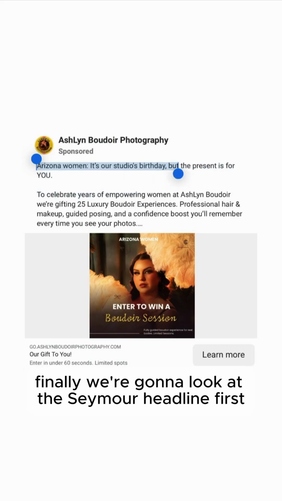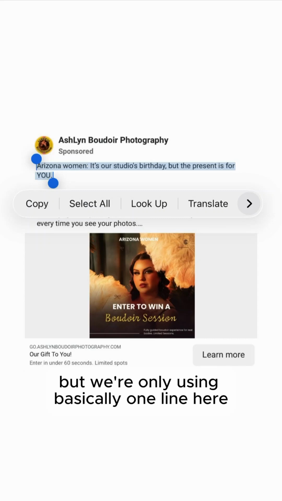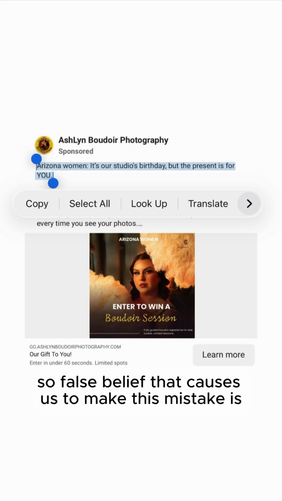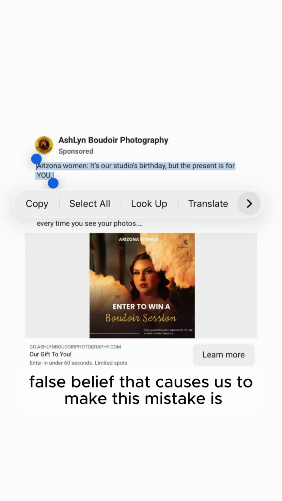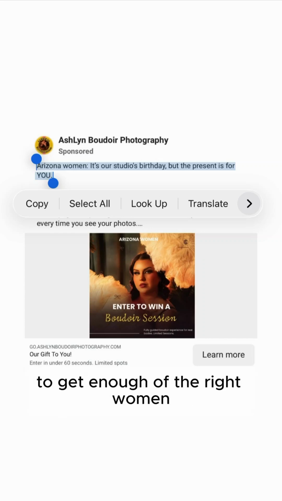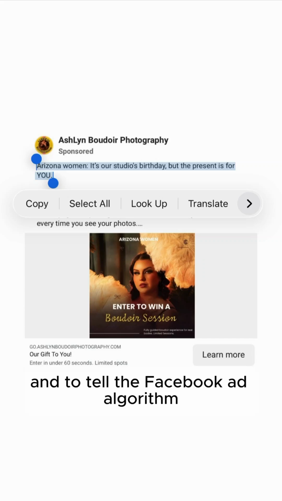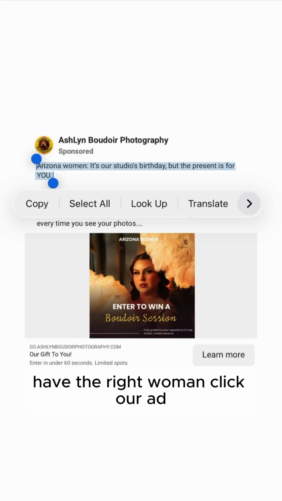Finally, we're going to look at the See More headline. First 2 3/4 lines on Facebook newsfeed mobile, but we're only using basically one line here. Arizona women, it's our studio's birthday, but the present is for you. So the false belief that caused us to make this mistake, this is the lack of context mistake, is we believe we've provided enough context to get the right women, and to tell the Facebook ad algorithm to go get in front of the right women, have the right women click our ad without becoming too restrictive.